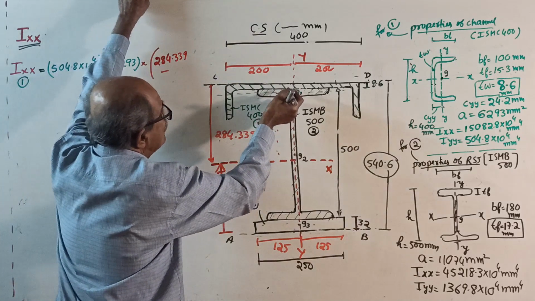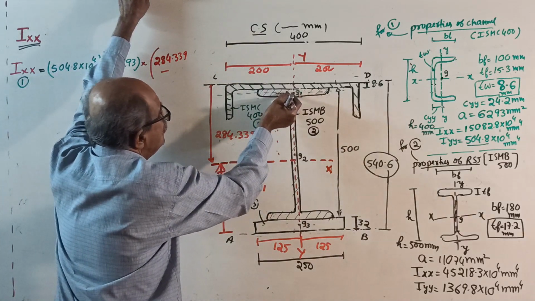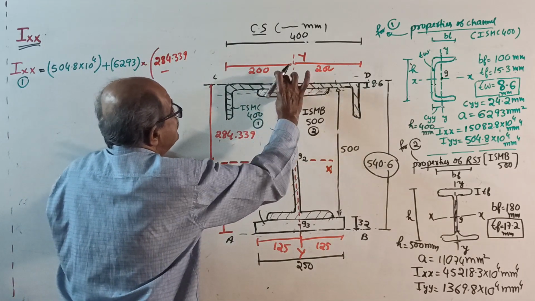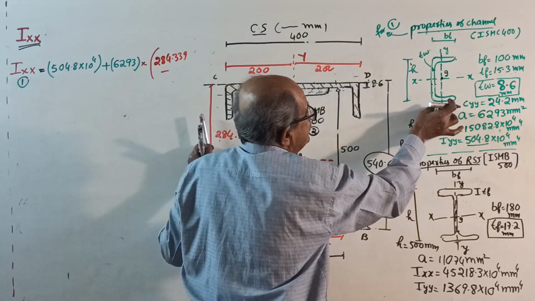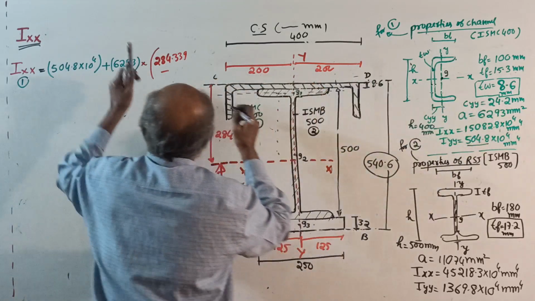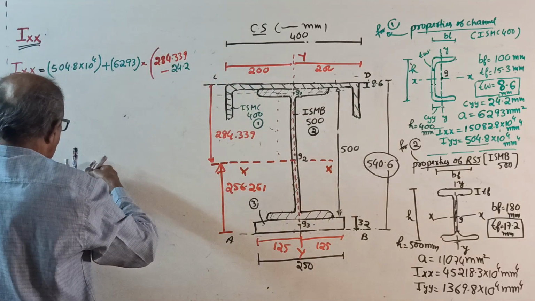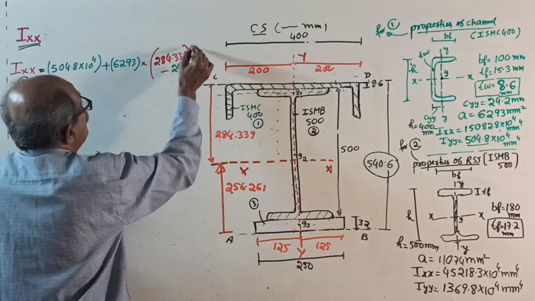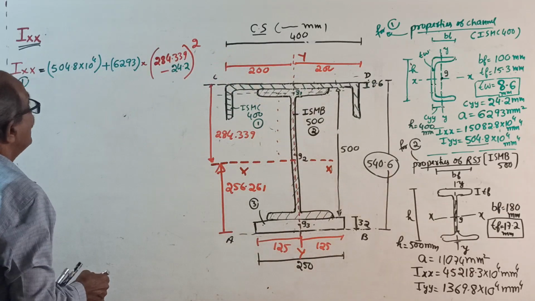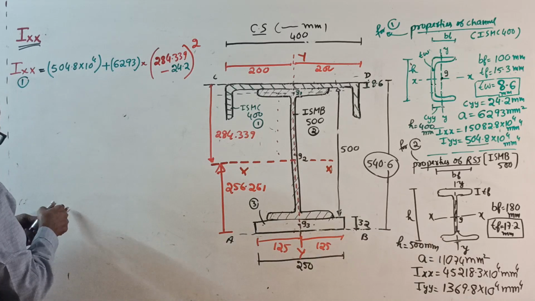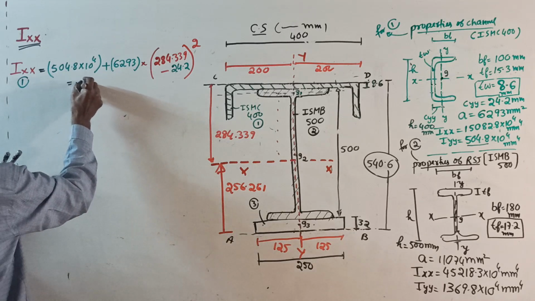Subtract the distance from here to here, this distance is 24.2, the green color value, that's all. Close square will give Ixx. Take your calculator and write whatever value you got. Don't waste time. Calculate the answer, write it.